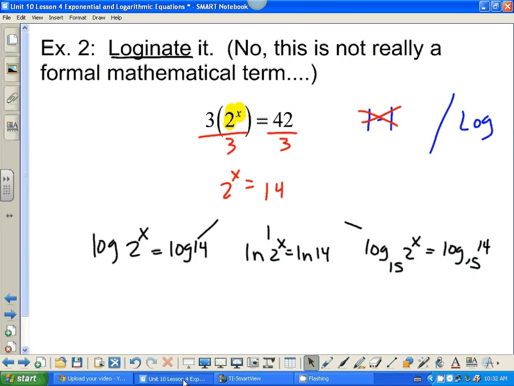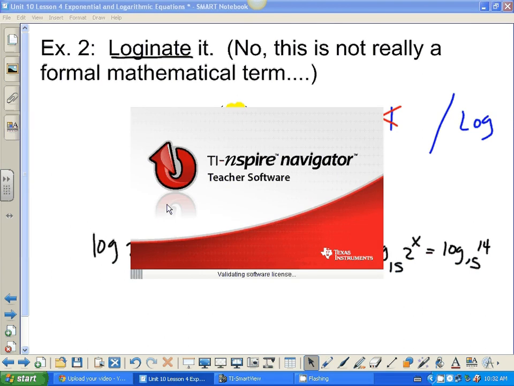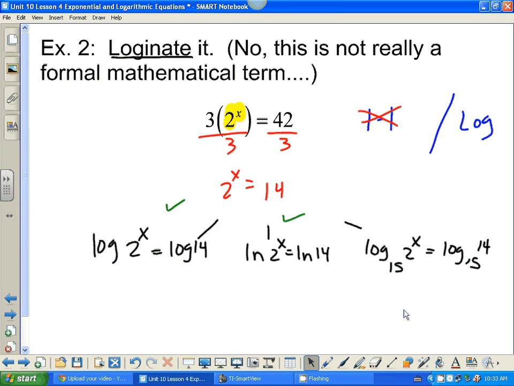Why do we tend to use the common log or the natural log? Because scientific and 83 and 84 calculators, or in the past log tables, facilitated that for us. But really, if you have a TI Inspire and you feel inspired to be creative, you could take really the log of either of the sides.